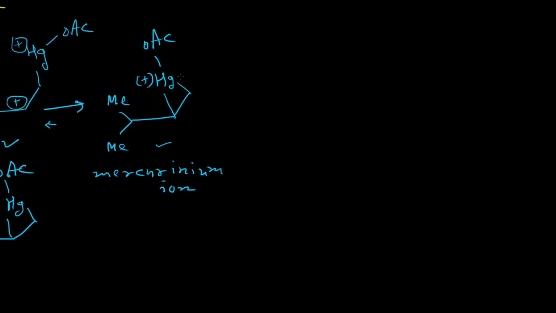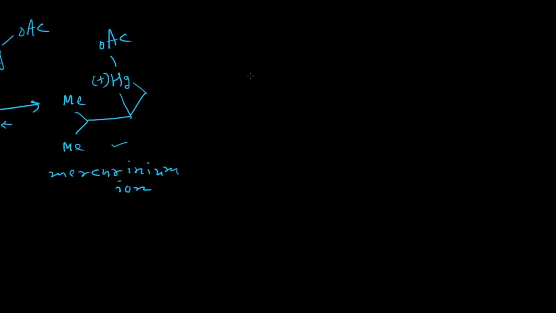Now, if we represent this mercurinium ion in a Sawhorse projection formula to understand the stereochemical course of the reaction, we can easily write it like this.